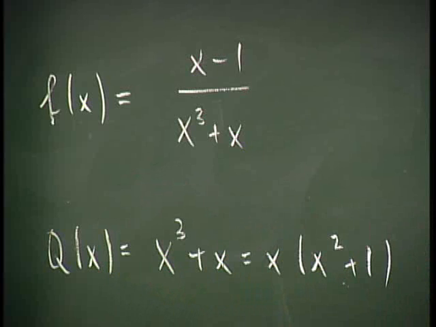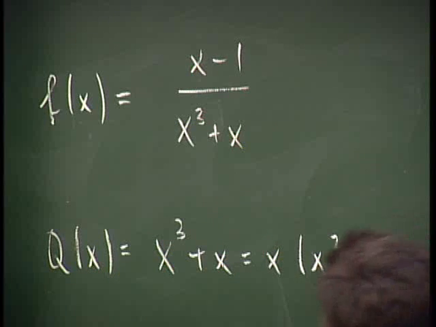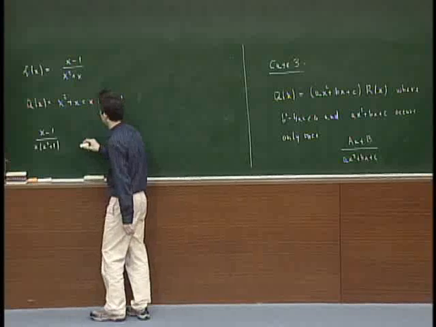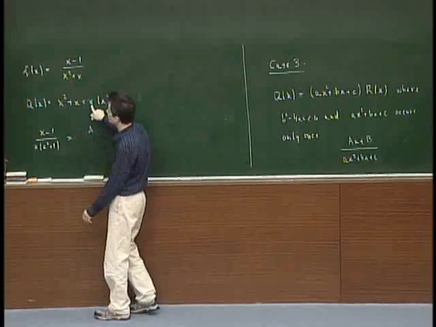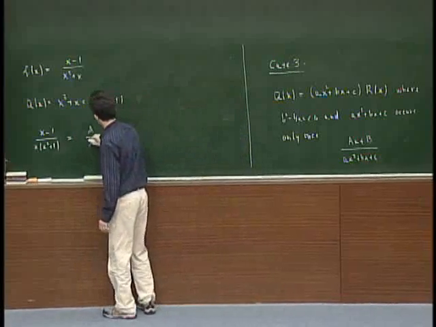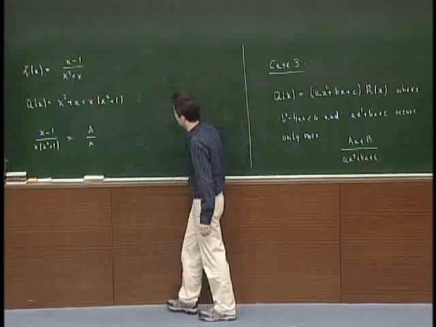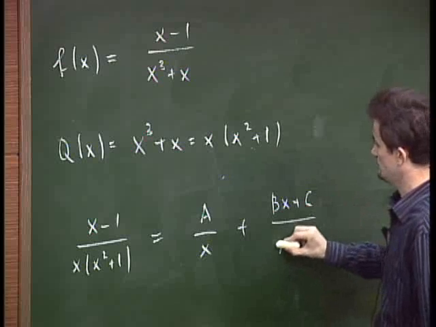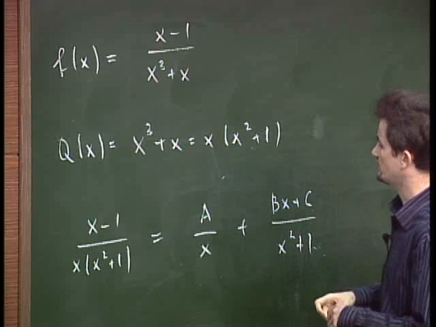So we are really in this case here. So we know that we have to set up the problem as, for this one, just the usual rule for a linear polynomial, so a over x, and for this one, this new rule, plus bx plus c over x squared plus 1.